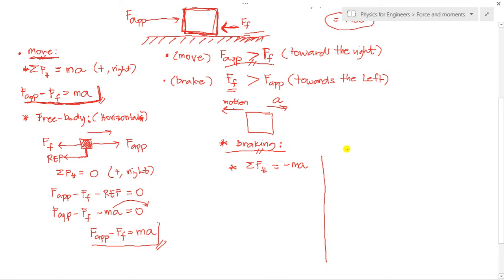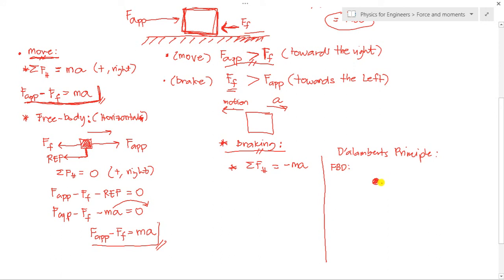So here, by using D'Alembert's, during braking, we draw the FBD, since D'Alembert's gives a better FBD.